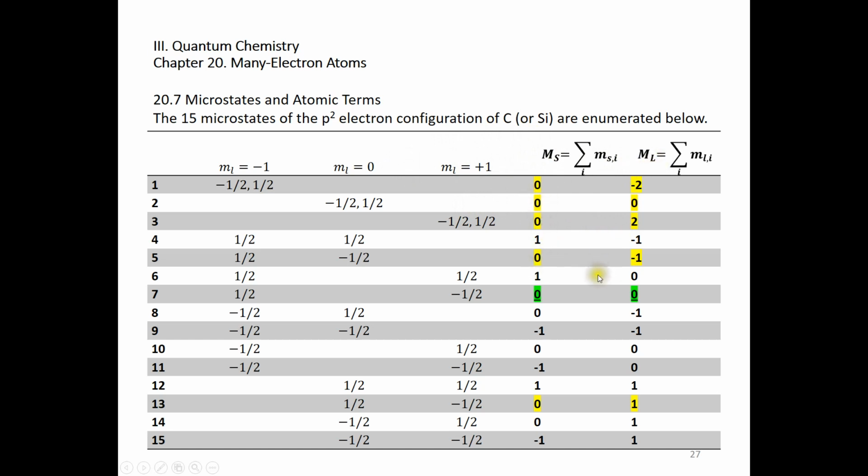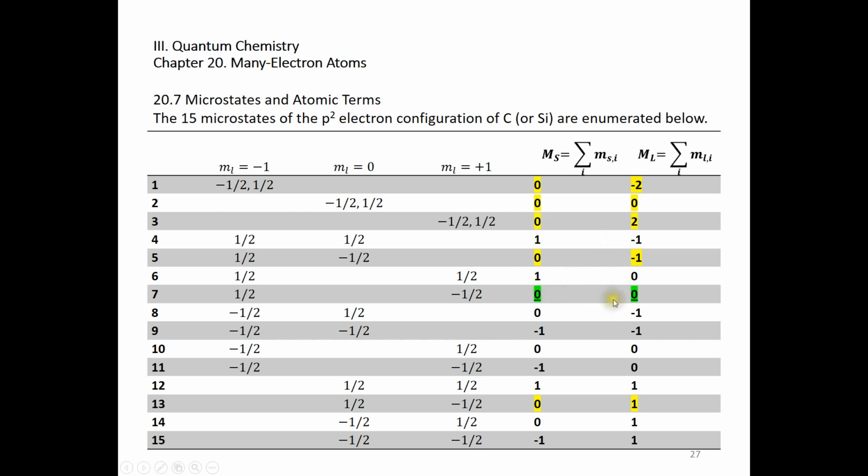First, the yellow rows form a 1 by 5 rectangle. 1 means m sub S can only be 0. 5 means m sub L can be 5 different values. And then we can make a 3 by 3, well, you can say square, but it's also just a specific form of rectangle. Because m sub S can have 3 options from negative 1, 0 to 1, and m sub L can be from negative 1, 0 to 1, so you have a second rectangle.